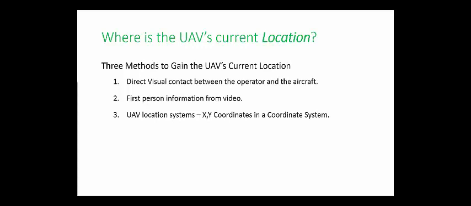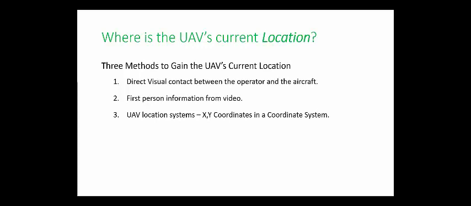As long as we can clearly see the aircraft, its orientation, the surrounding airspace, and other aerial hazards that the aircraft might encounter, then we're good to go. We really don't need a quantitative coordinate to effectively use the aircraft.